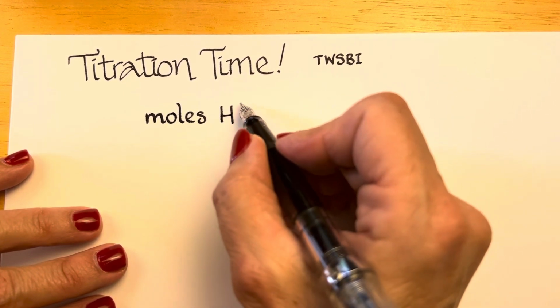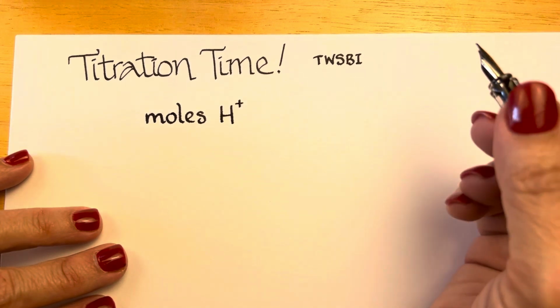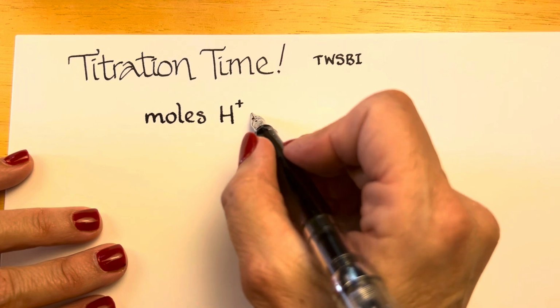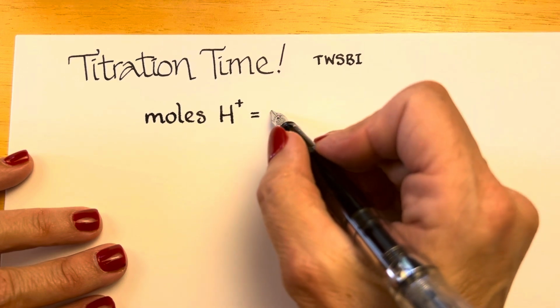Okay, and so what we're usually looking at is that the number of moles, if we're, sorry about the dog barking, that's my neighbor's dog, sorry. Okay.